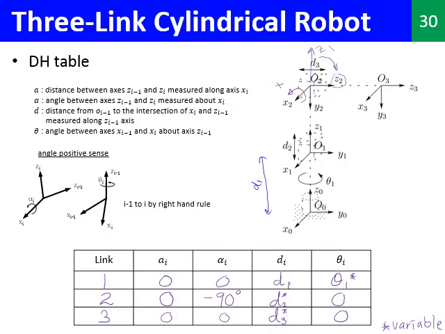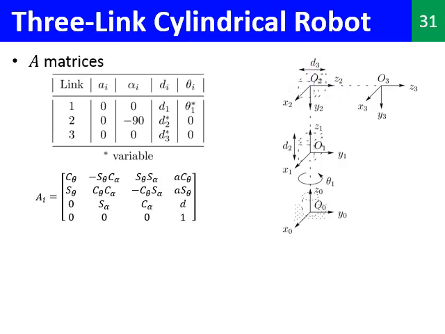Alright, so we have finished the DH table for the 3-link cylindrical manipulator. Now we are able to generate the A matrices. From the first row of the DH table, we can write the A1 matrix. So we have cos theta 1, that is C1, sin theta 1 is S1, 0, 0.